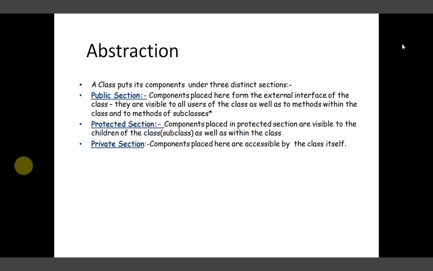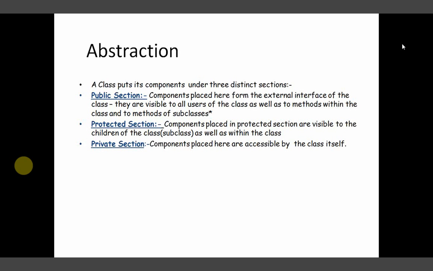Abstraction. As we discussed, in abstraction we are abstracting the data or the methods by putting their visibility as a public section, protected section, and private section. Public section is visible to everybody.